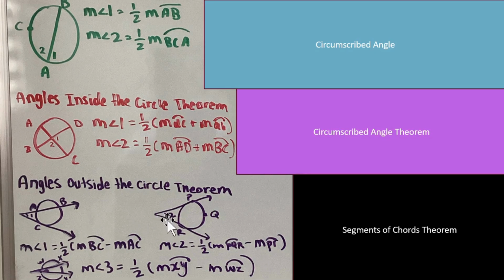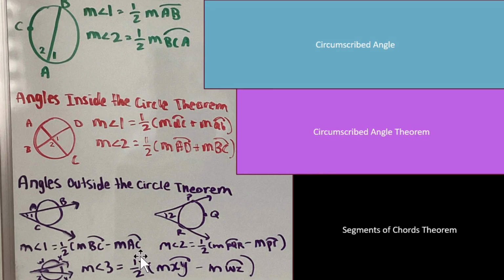Now for this angle, we're going to label it angle 2, half of PQR minus PR. So basically the same thing, except this time both the lines are outside, whereas before one line was inside and one line was outside. Okay? Now, for angle 3, we've labeled this little angle in here, angle 3, half of XY minus WC.